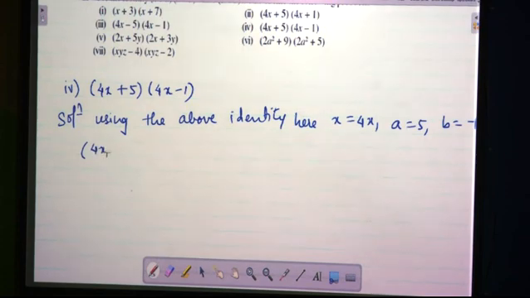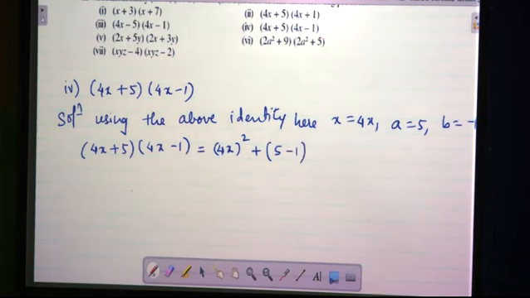So, writing the expressions once again, 4x plus 5, 4x minus 1 is equals to x square, that is 4x bracket square, plus ab, a value is 5, b value is minus 1 into x, x value is 4x, plus ab, it is 5 multiplied by minus 1. 16x square, 5 minus 1, 4, 4 4s are 16x, minus 5.